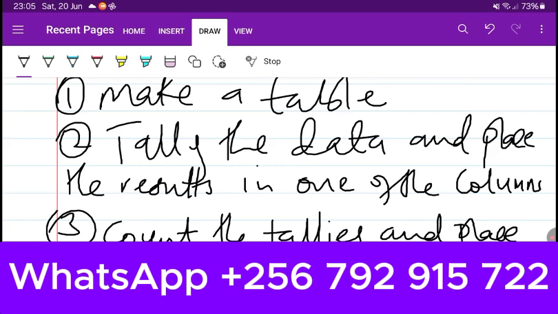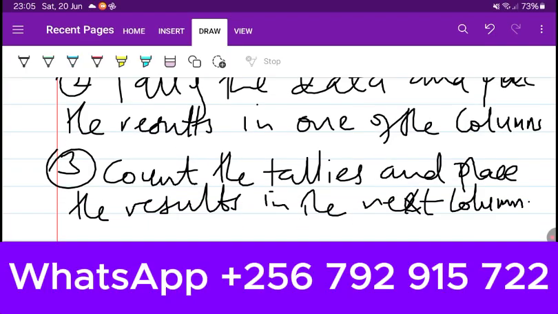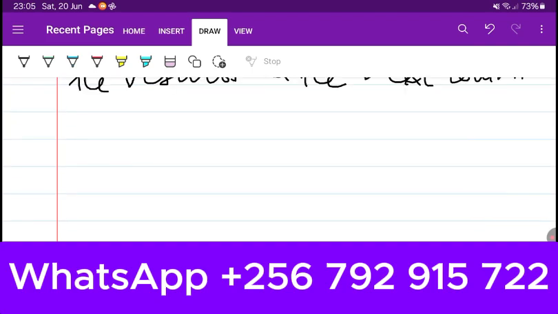So let's now look at the table. We draw our table, then we put in the information. So you make a table, you tally the data, and you place the tallies in one of the columns. Then the last step is you count the tallies and then place the results in the next column.